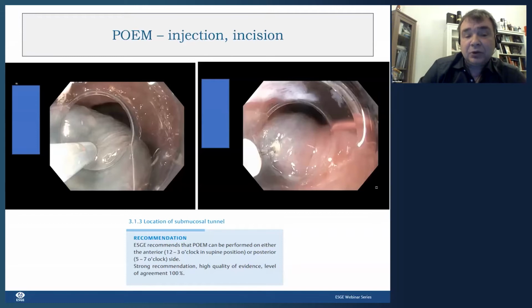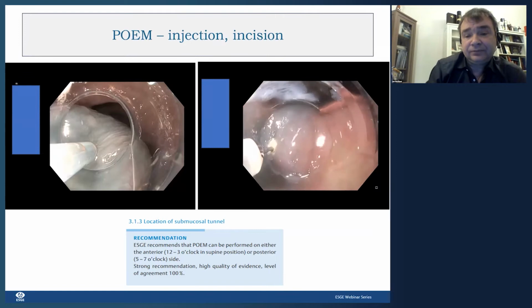Theoretically, POEM can also be done on the greater curvature side, but this is not the standard location. There are studies showing that these 2 approaches do not have any differences in terms of effectiveness or adverse events. And me personally, I do the majority of POEMs now on the posterior side.